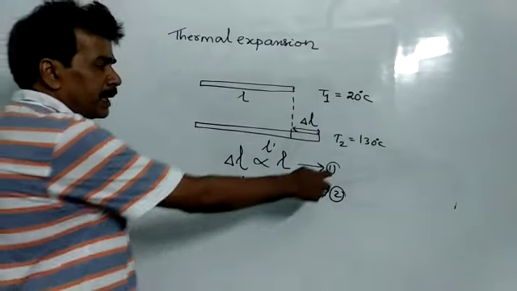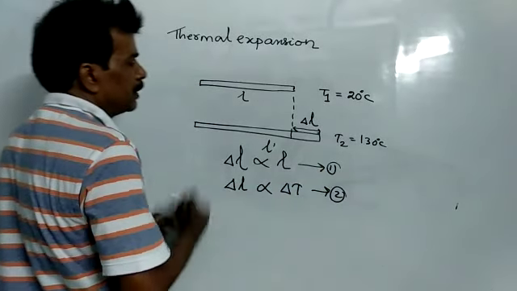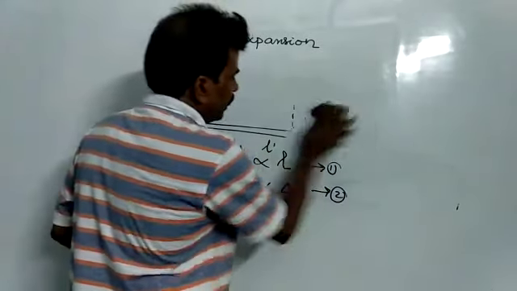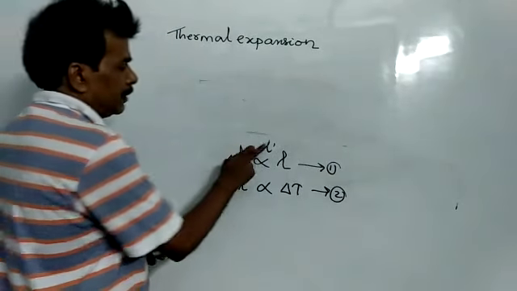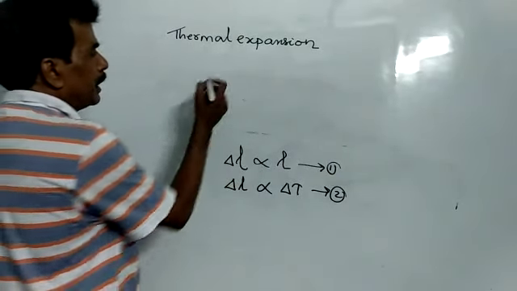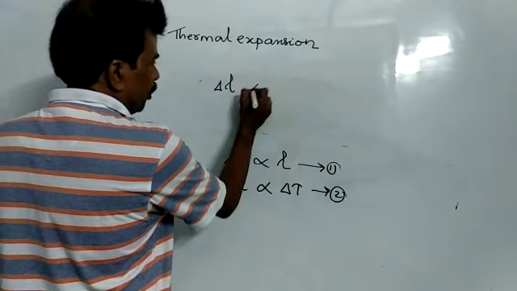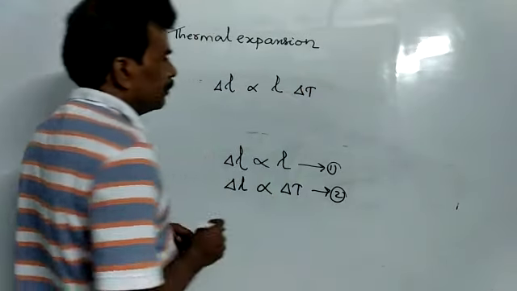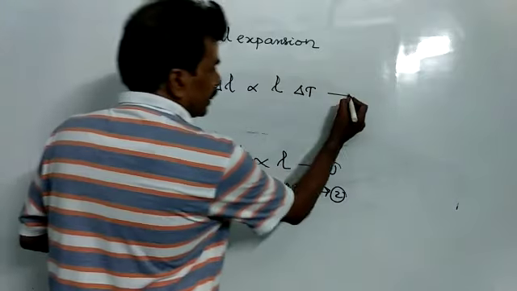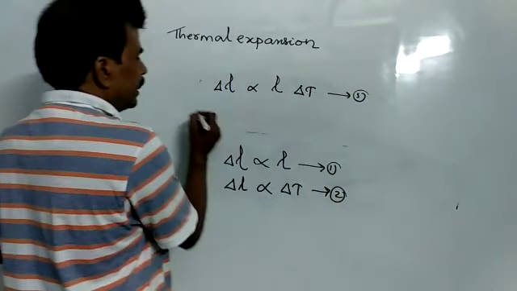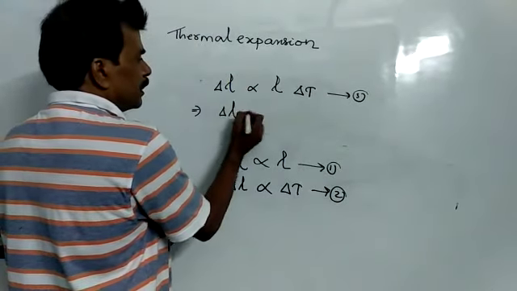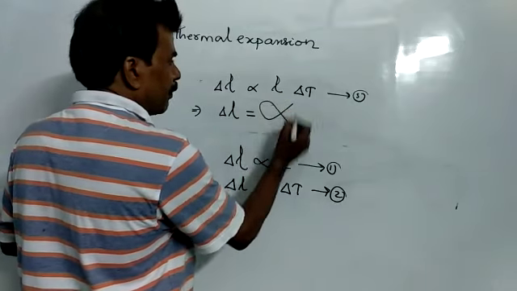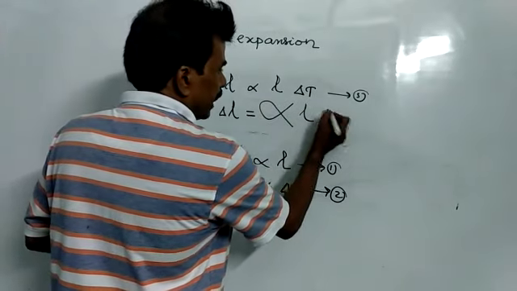When we combine equation 1 and 2, we can write delta L is proportional to L into delta T. This is equation 3. So we can write delta L is equal to alpha L delta T.